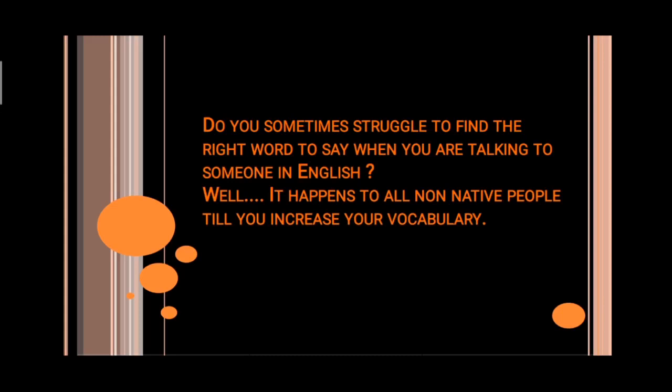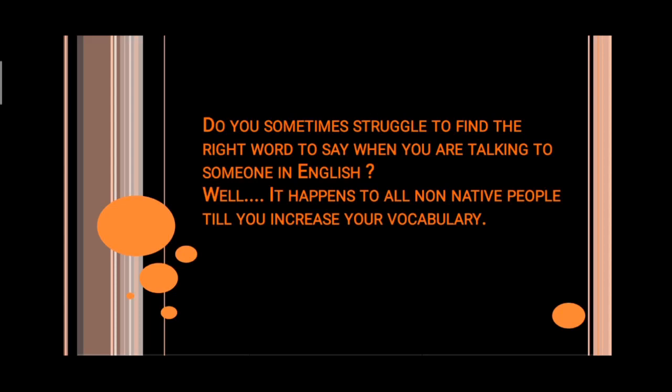When you get too nervous, like when you're thinking, am I speaking properly? Am I using the right words? Am I using the right grammar? When you tend to think about all these things, you tend to forget words. And in order to overcome this problem, the solution is increasing your vocabulary.